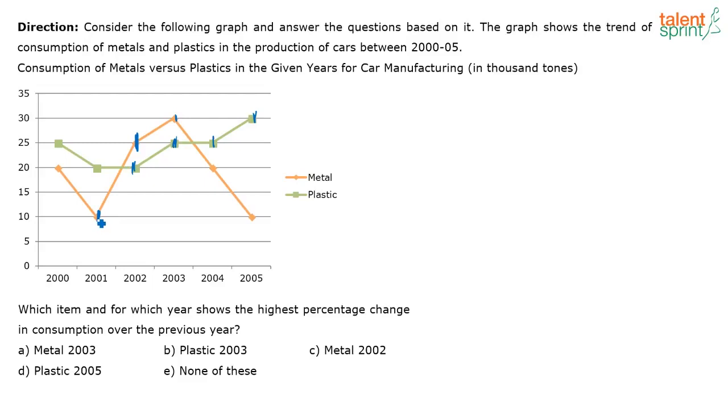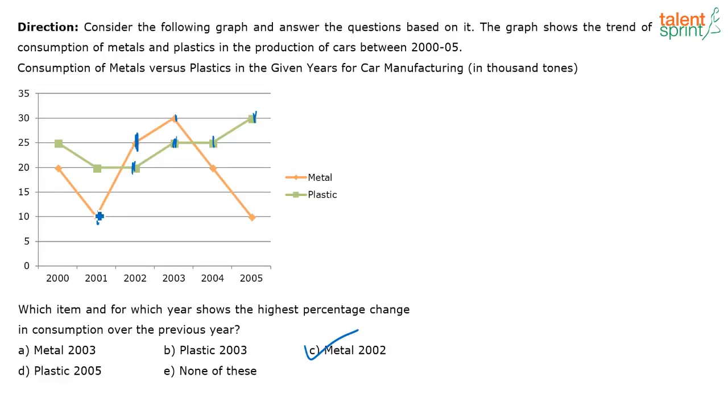So the only place where the value has increased to a value more than double its previous value is this year 2001 to 2002. So the answer that we are looking at here is option C, that is metal 2002. Here, as I said, don't find out the values. Just look at the graph and compare and give the answer.